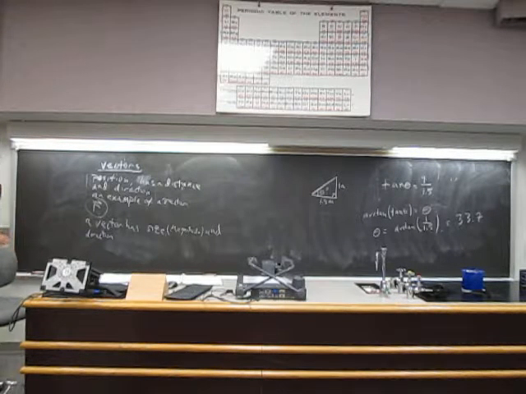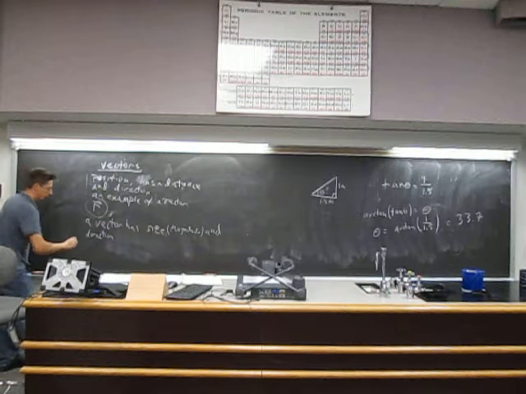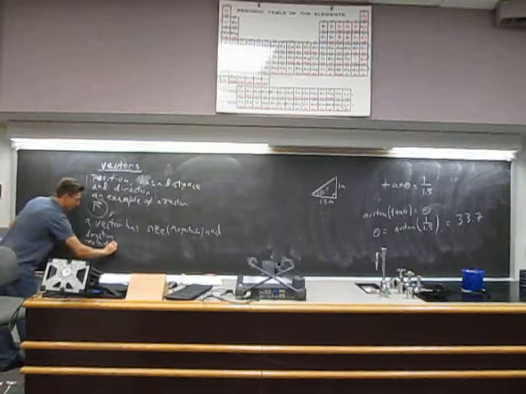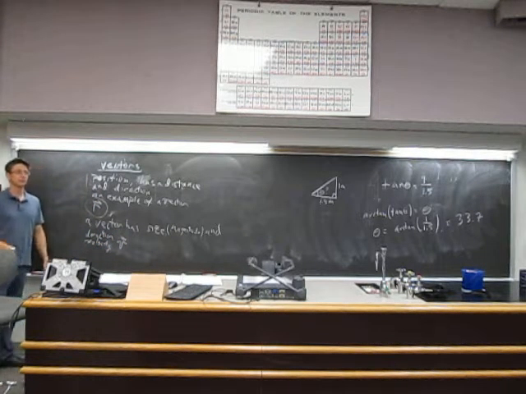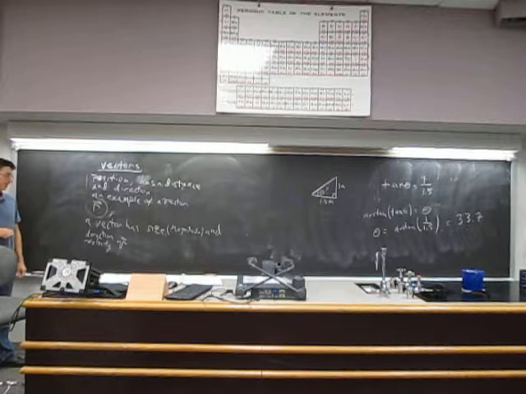So velocity is another example of a vector. There's a magnitude of the velocity, that'd be the 100 meters a second, 100 miles per hour. And then there's a direction associated with that too.